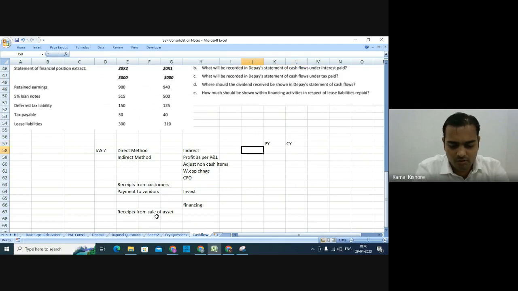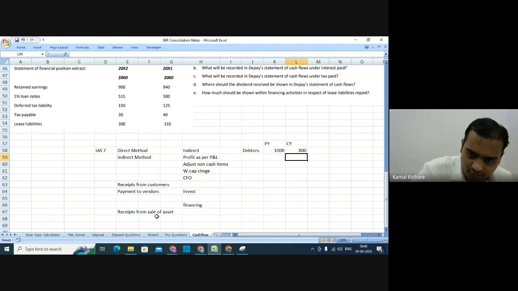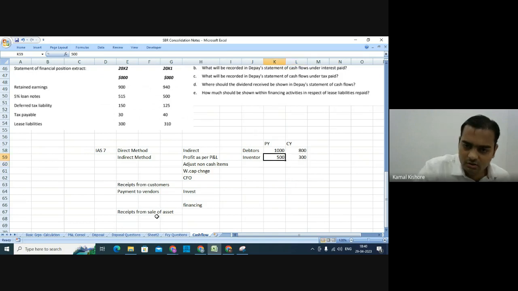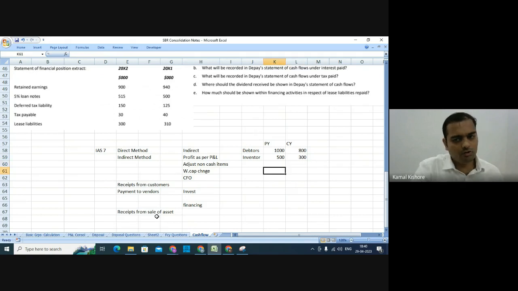So previous year debtors balance was 1,000, current year debtor balance is 800. That means you have received cash from the customers. Change in debtors is 200. That will come here as a working capital change. Similarly, inventories: you have 500 here and 300 here. That means you have less inventory this year. Change in inventory is 200.